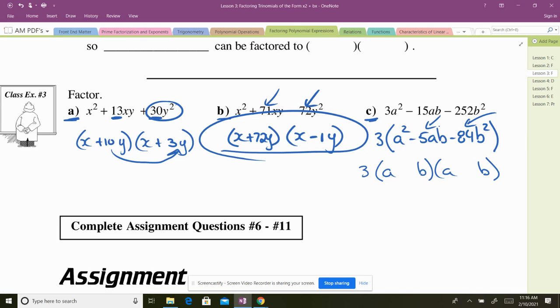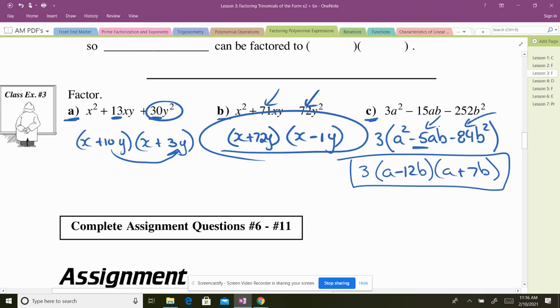Any clue? 12 and 7. Which one's negative? 12. You know why it's 12? How you can tell? The bigger number has to be negative because when you add them, you get a negative in the middle.